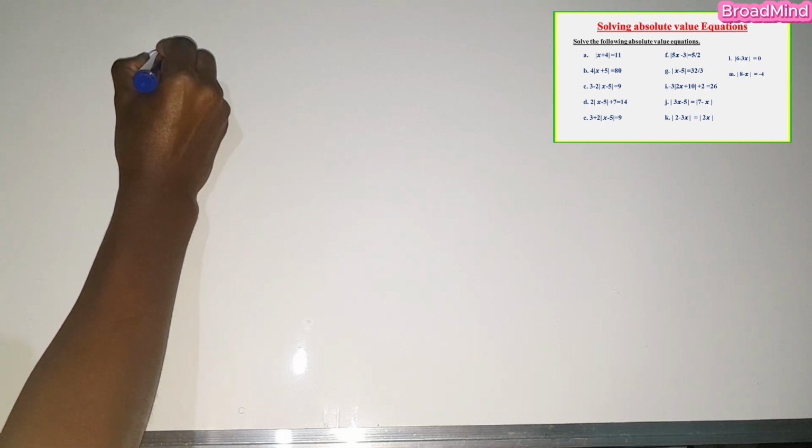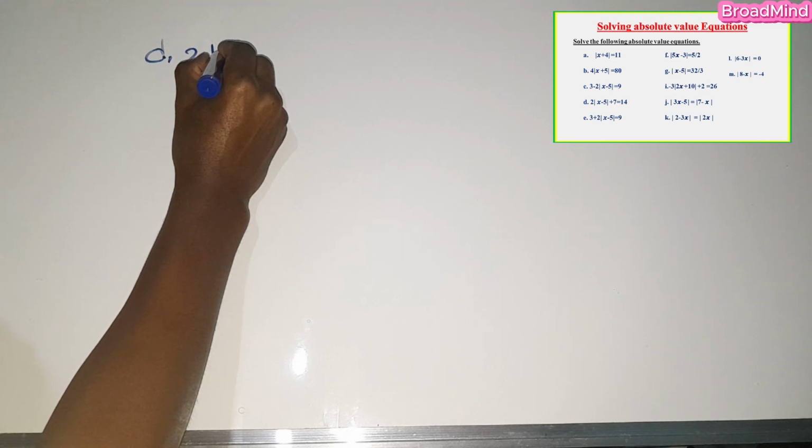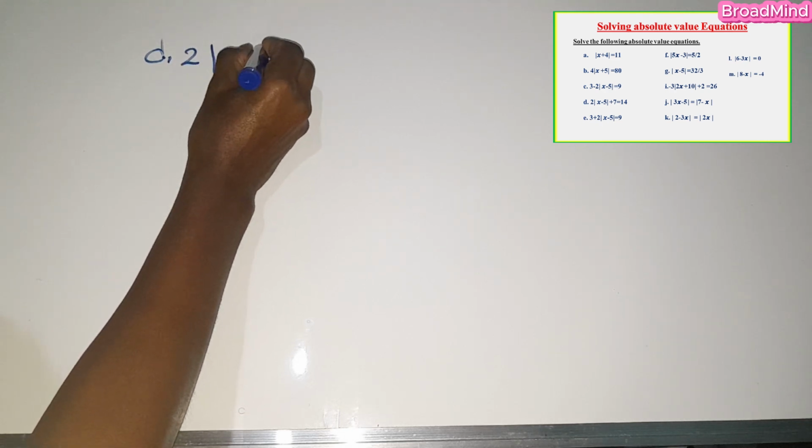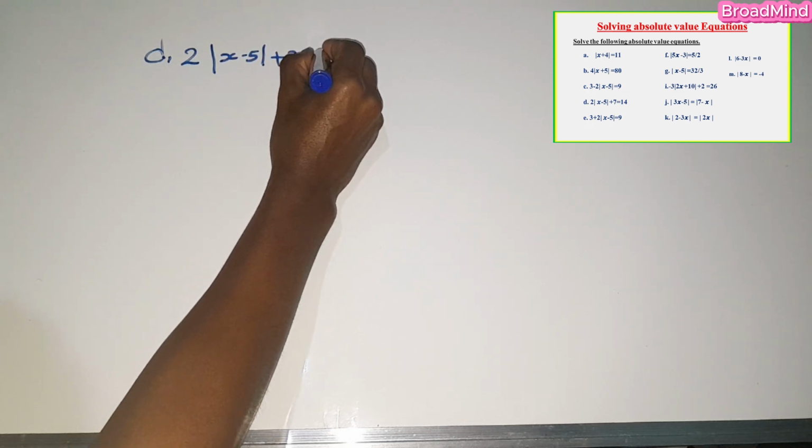Now D. 2 absolute value of x minus 5 plus 7 is equal to 14.